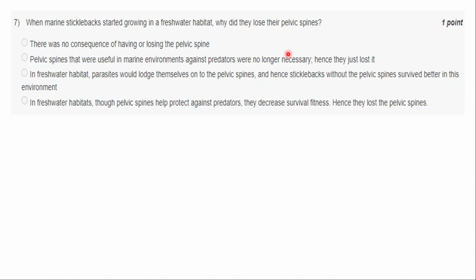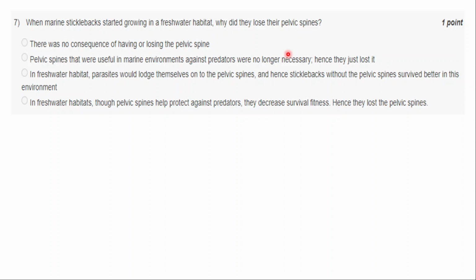And the options are: Option A, there was no consequence of having or losing the pelvic spine. Option B: pelvic spines that were useful in marine environments against predators were no longer necessary, hence they just lost it. Option C: in freshwater habitat, parasites would lodge themselves onto the pelvic spines, and hence sticklebacks without the pelvic spines survive better in this environment.